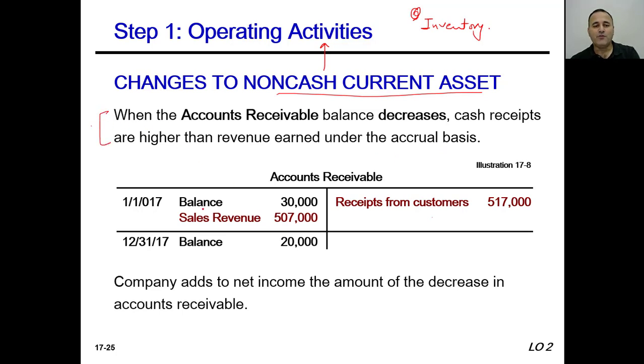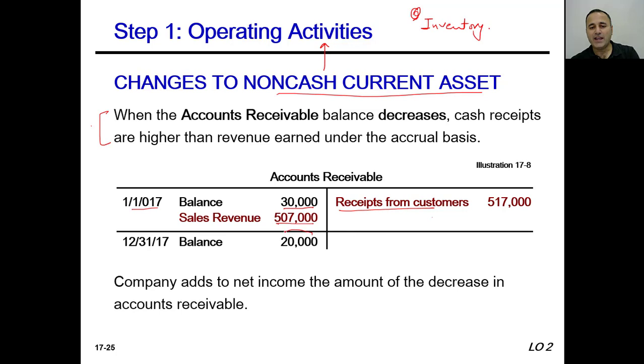Now, for example, at the beginning of the year, my account receivables were $30,000. I sold some items, and my sales figure for 2017 was $507,000. We received $517,000 from customers.